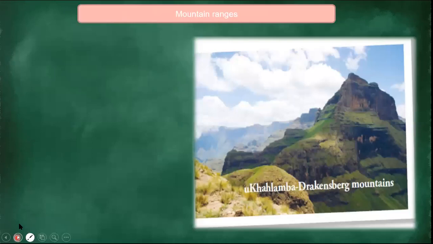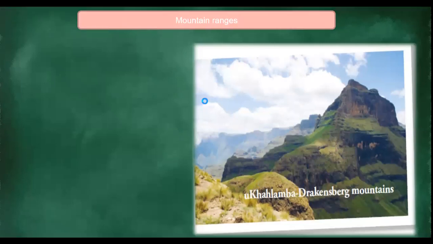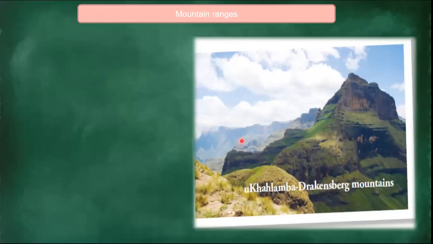Okay, who can tell me what a mountain range is? By looking at the picture here, what is a mountain range? Who can define a mountain range for us?